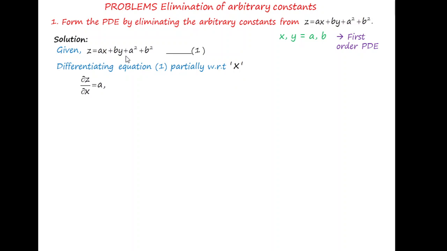So the constant differentiation becomes 0. The notation for dou z by dou x is p. So p is equal to a, numbered as equation 2.